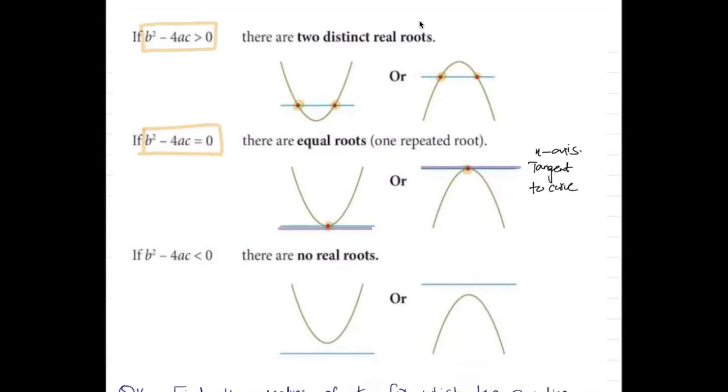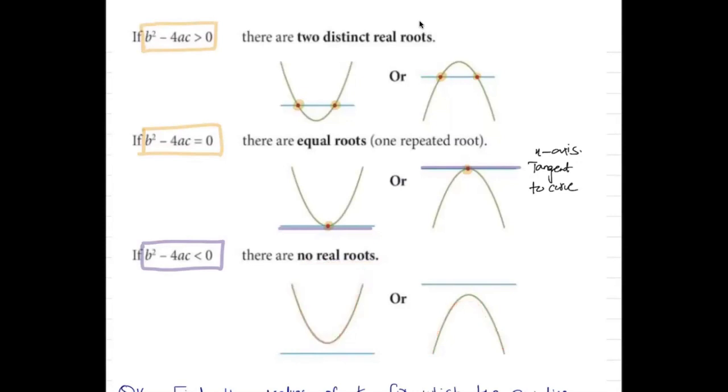And when the value of the discriminant is less than 0, then that means that you're not going to have any real roots. No real roots means that the graph is not going to intersect the x-axis. If it is not going to intersect the x-axis, that means it is going to lie above the x-axis or below the x-axis, depending on if it's a minimum curve.